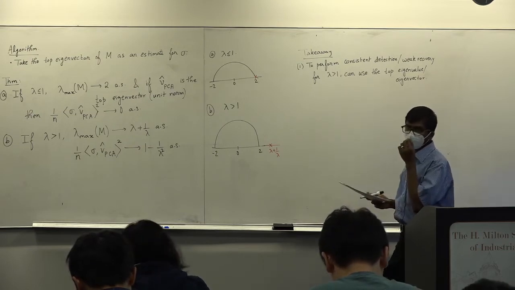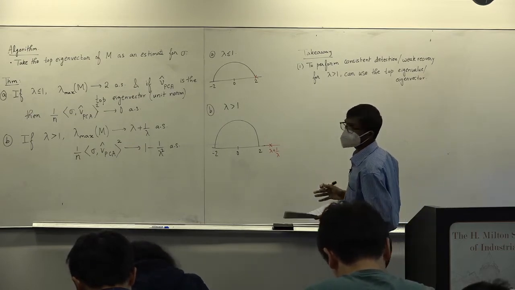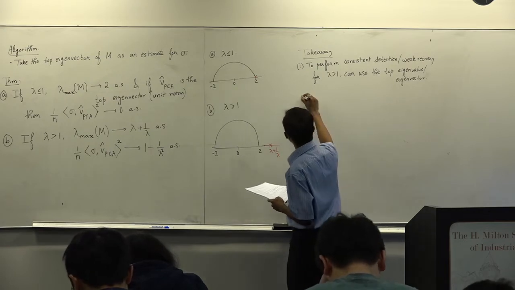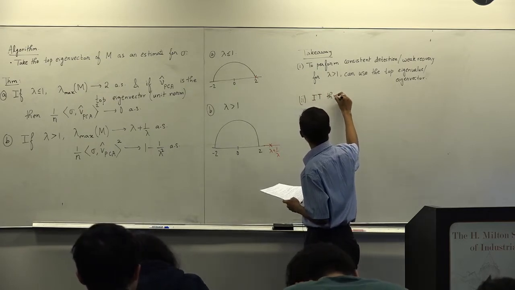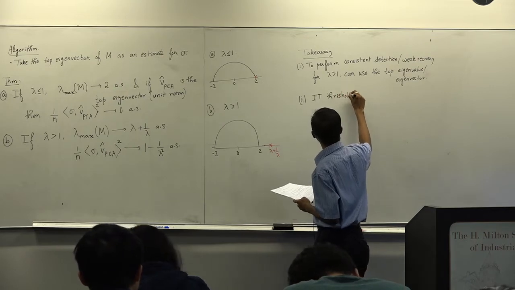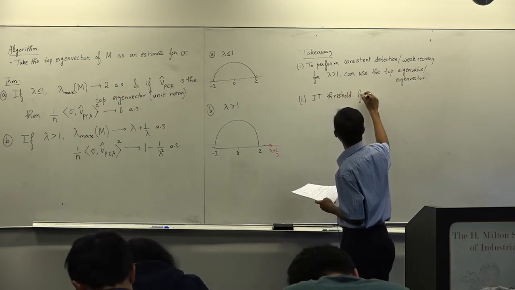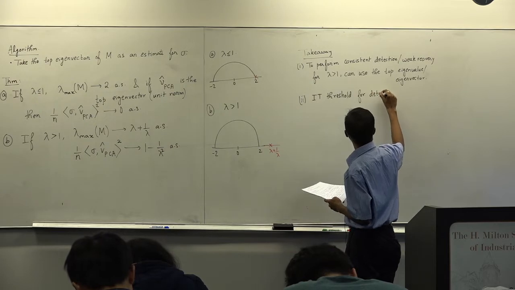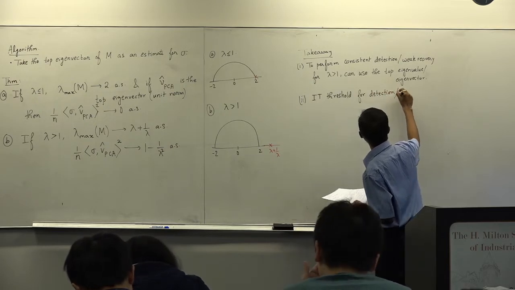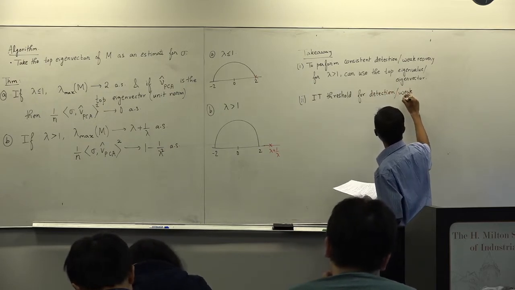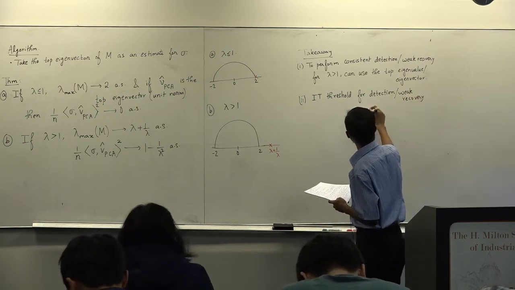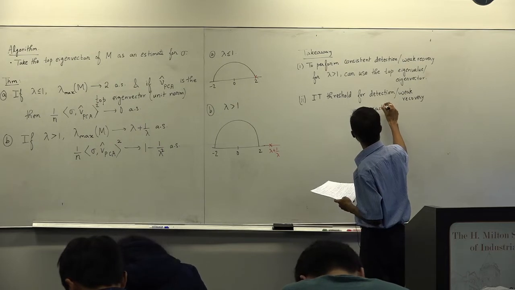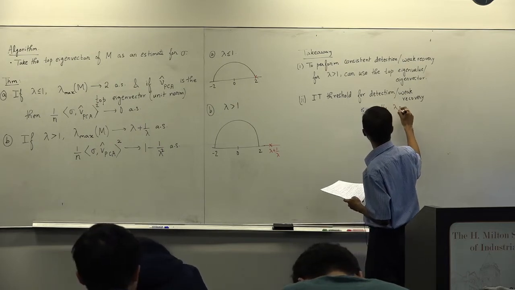Now you can see, coupled with our discussion from yesterday, that the information theoretic threshold for detection and weak recovery in this problem is exactly lambda equals 1.